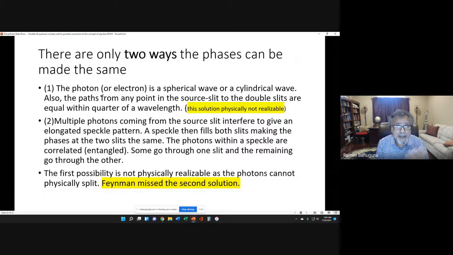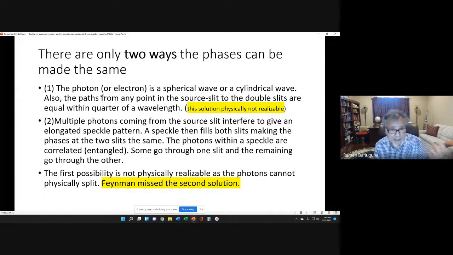Now, how do you make the phases the same? If we consider a photon or electron, whatever the case may be, let's say a photon is like a spherical wave or a cylindrical wave hitting the double slit. Now, the paths from any point in the source slit to the double slit are equal within a quarter of a wavelength, right?